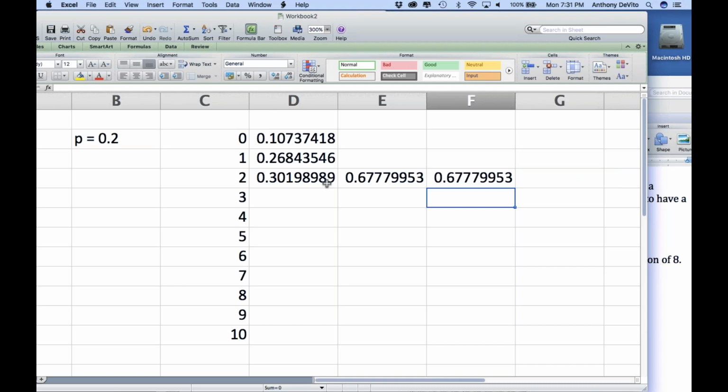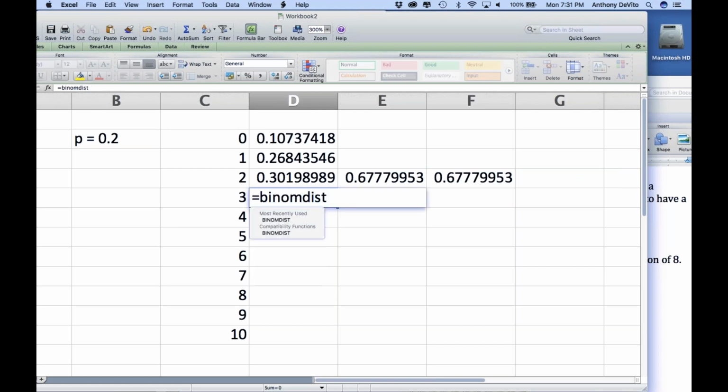Now I'm going to just do something quickly. On this one, I'm going to say equals BINOM.DIST, parentheses, and this time instead of x, I'm going to put the number, C5, comma, trials is 10, 0.2, and false, right? That's going to give me the probability of exactly 3.